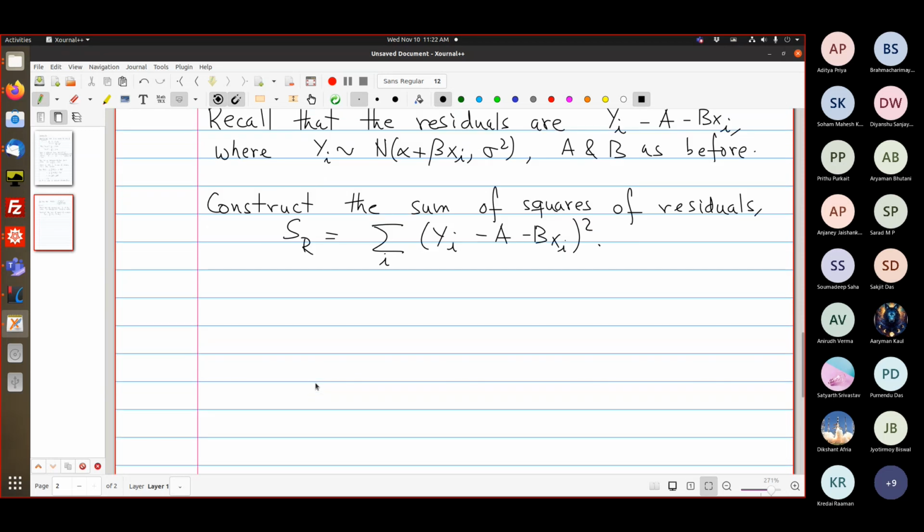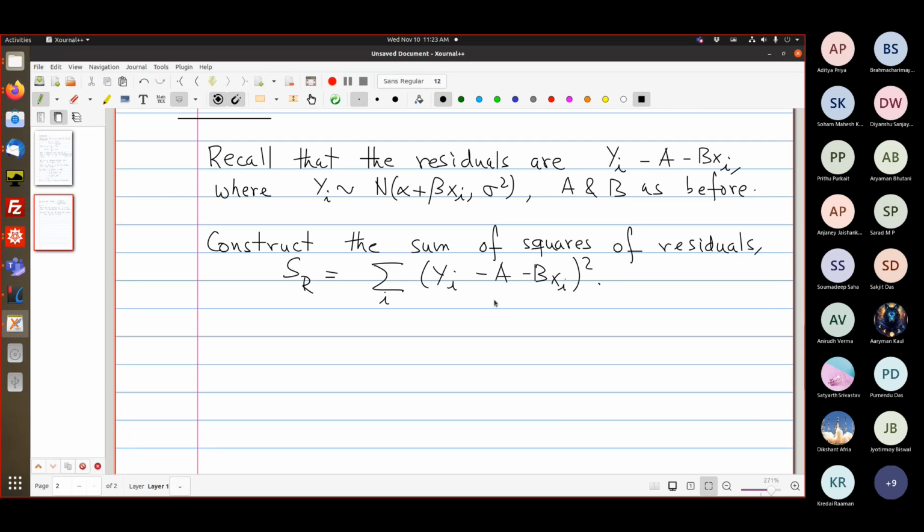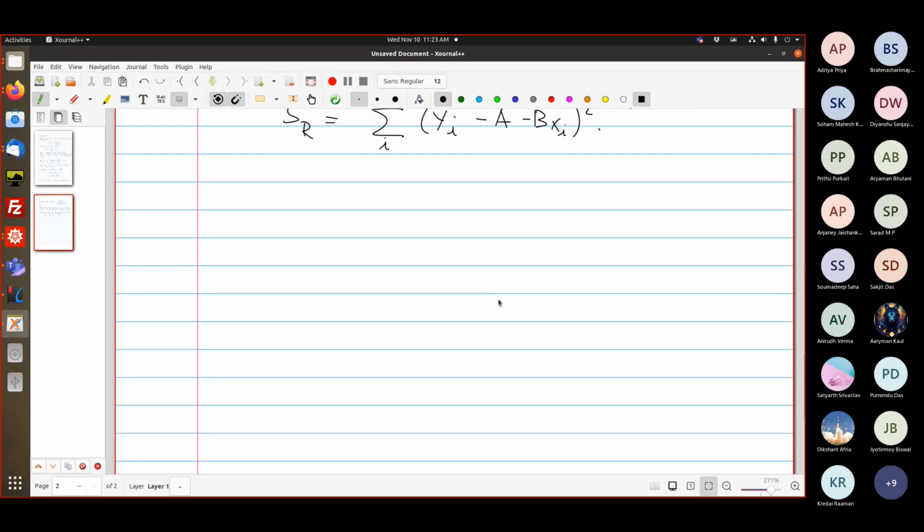Okay, so you see what is happening here. These are normals, and you are subtracting one more normal, which is a, and xi times another normal. Right? So we are summing these quantities. So we are kind of taking out, in some sense, the mean, and in some sense, we are normalizing the variance.